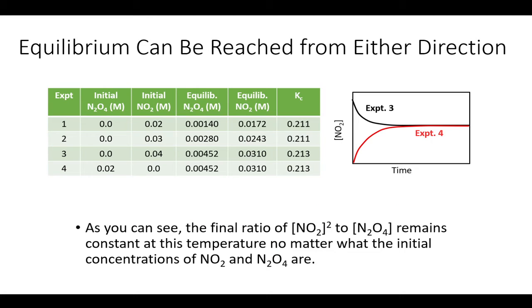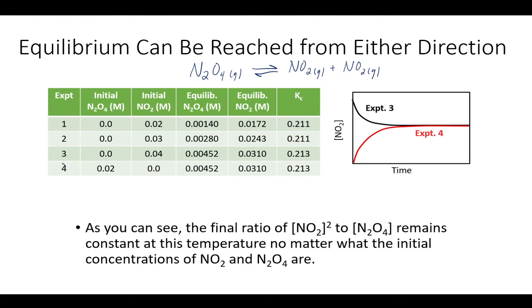Now, a little bit more about equilibrium. We've talked a lot in the previous lecture about a reaction of N2O4 in the gas phase, dissociating, the nitrogen-nitrogen bond breaking, to make NO2 gas plus NO2 gas. So you can imagine filling a container with just N2O4 and letting it proceed to the right.